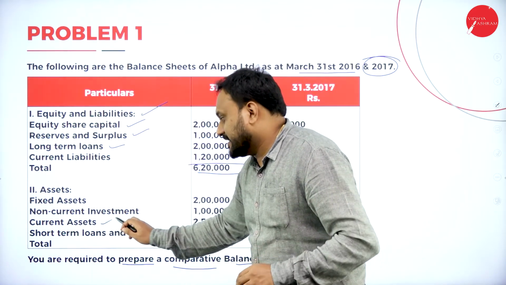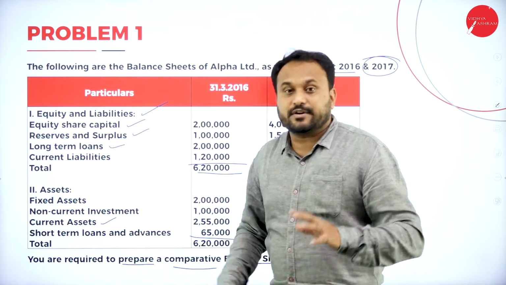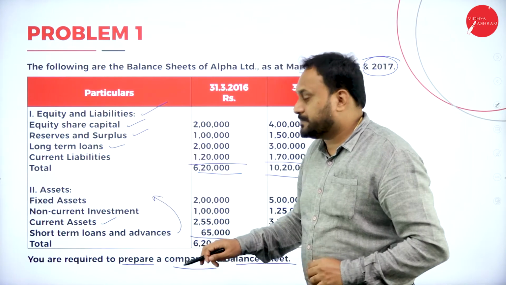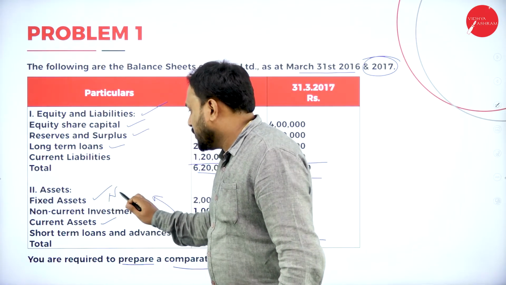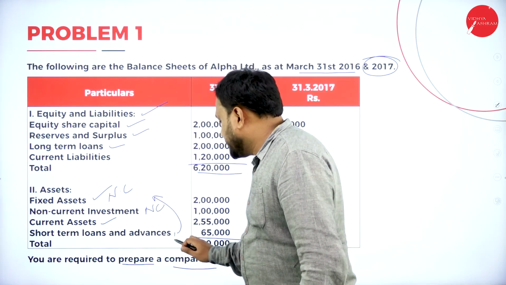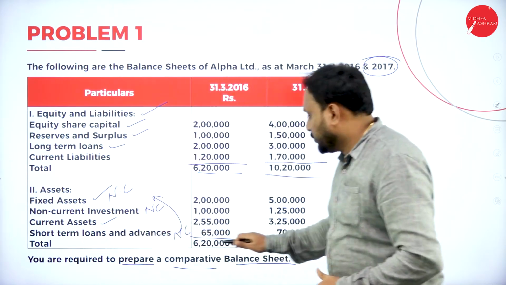Current assets are current assets, so we'll tick. Short-term loans and advances, is it also not a current asset? It is non-current. So here it will come. This is non-current, this is non-current, and even this is non-current. So we'll go with that. Then current asset. Then total. We'll go with the same.